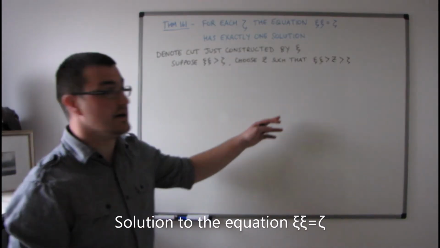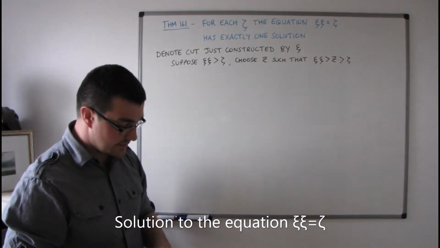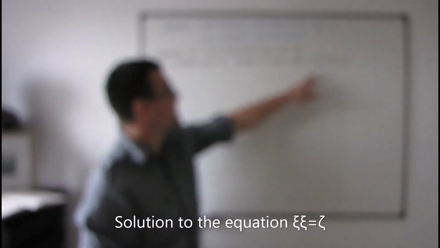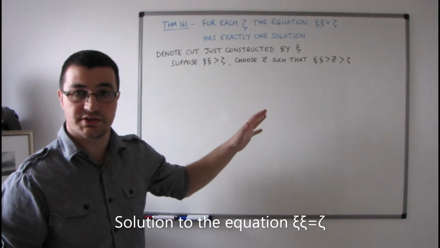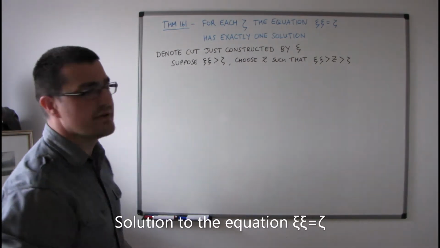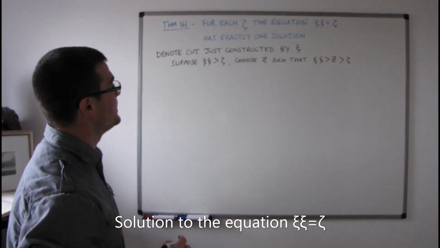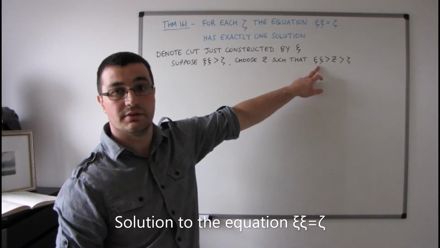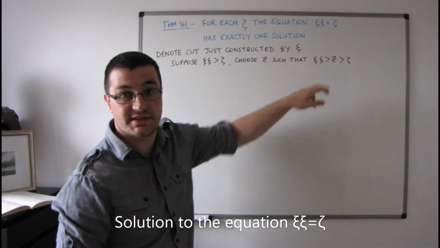So z is a rational cut, and we've already seen a theorem, I can't remember the number, between any two cuts we can always find a rational cut, maybe theorem 160, I can't remember. Okay, so this means that z is a lower number for xi times xi.